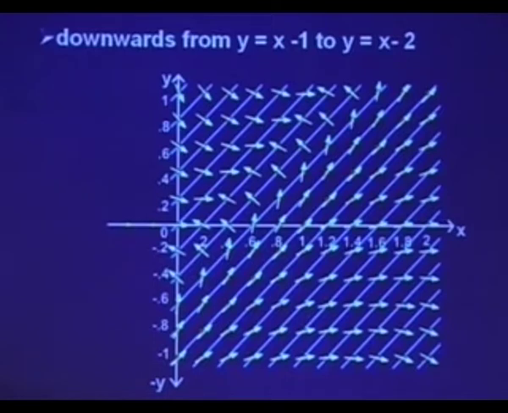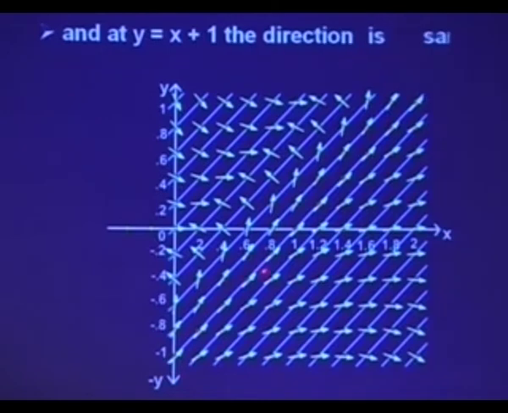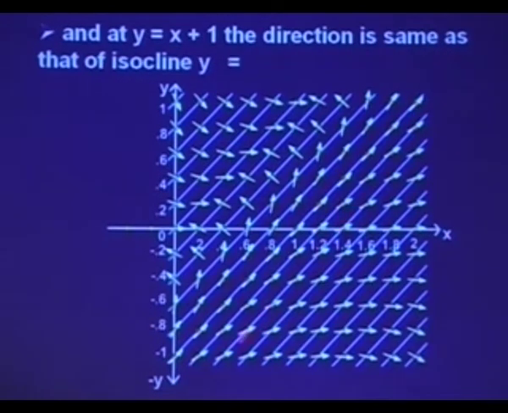So let me summarize what we have observed from here. At y is equal to x minus 1, the direction is matching that of the isocline. Now, let me summarize the things which we have covered.